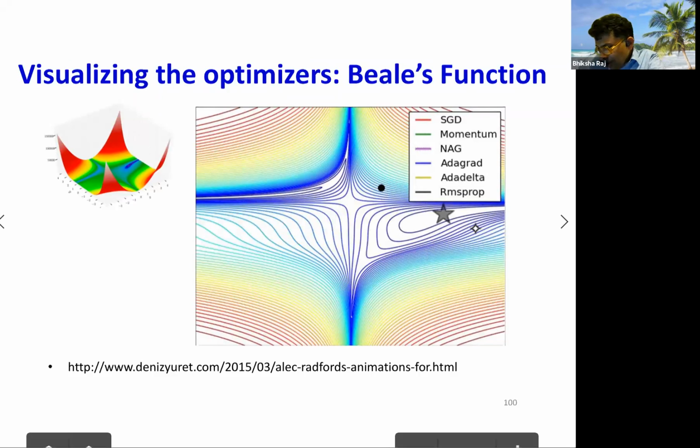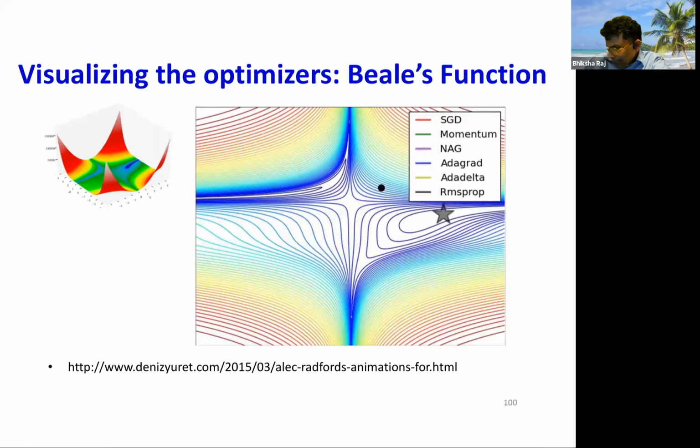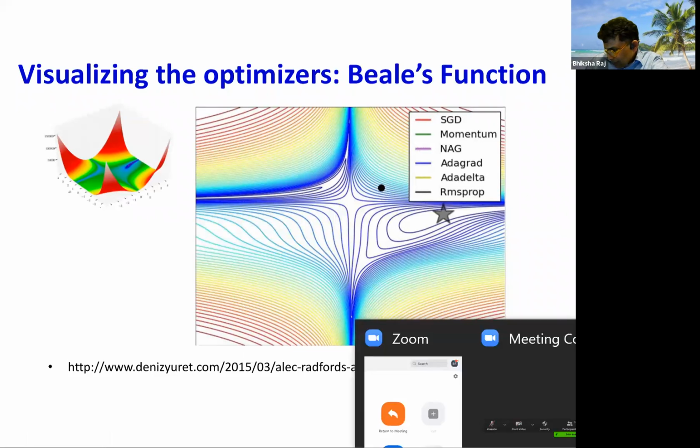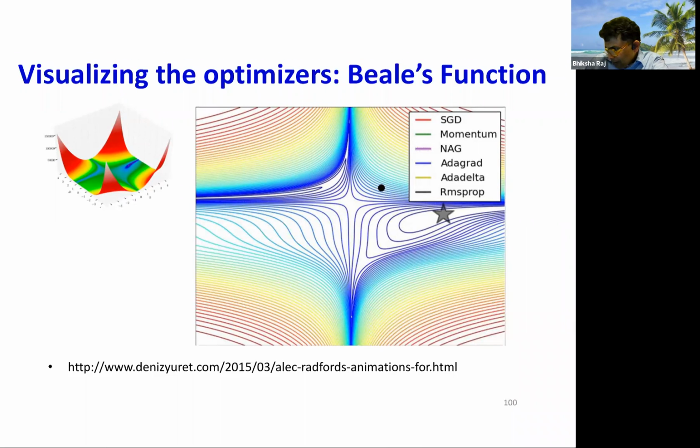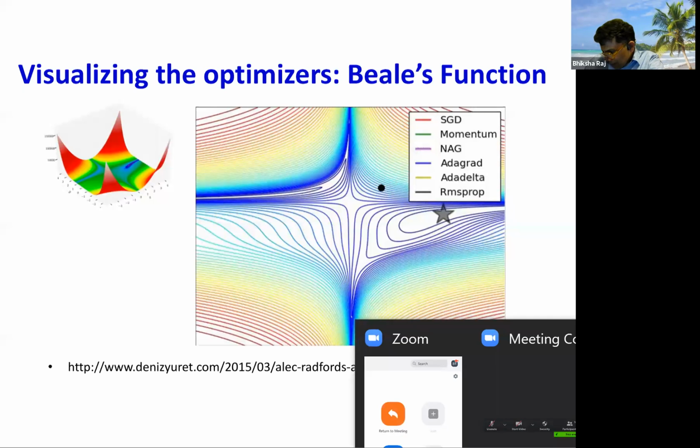I'll skip that. What I have here is a couple of visualizations that Alec Radford came up with on his website. I'm going to try to show this. Those of you who want to leave can leave now, but these are pretty pictures. If I can figure out how to pull them up... Windows is such a pain.